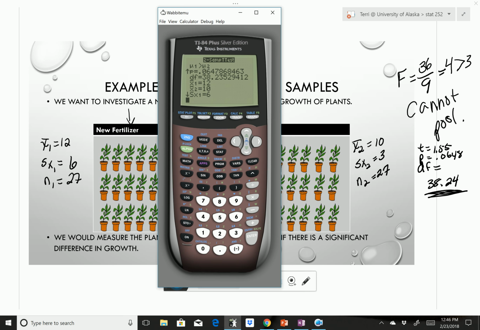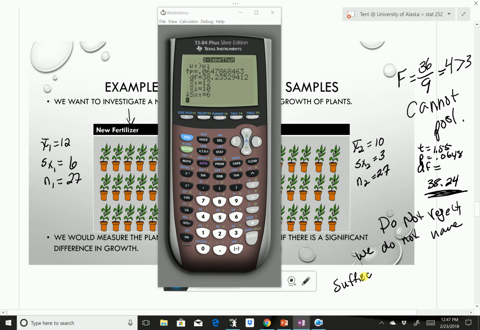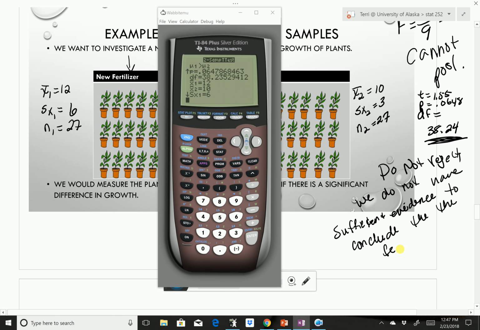And the other issue, and the reason that in this case you'll notice that 0.06 is above 5%, is that we do not reject in this case because we do not have sufficient evidence to conclude that the fertilizer results in higher plant growth.